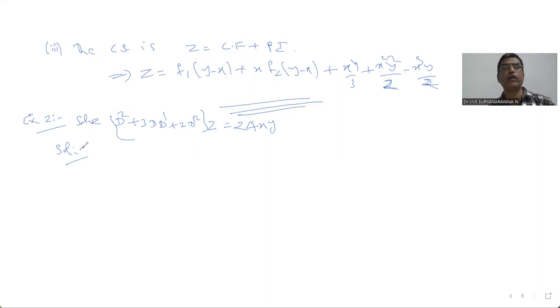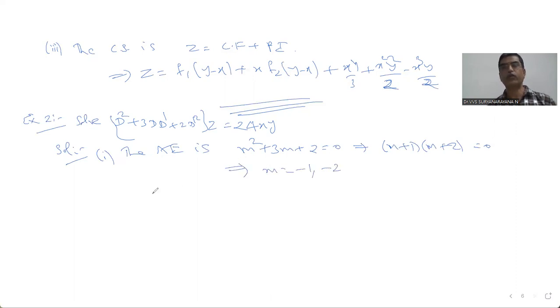Because on any model, unless you practice two problems, you cannot get the actual input that's required. Yes, step number 1. The auxiliary equation is m square plus 3 into m into 1 plus 2 into 1 square equal to 0, which on simplification gives m plus 1 into m plus 2 equal to 0. That is m equal to minus 1, minus 2.